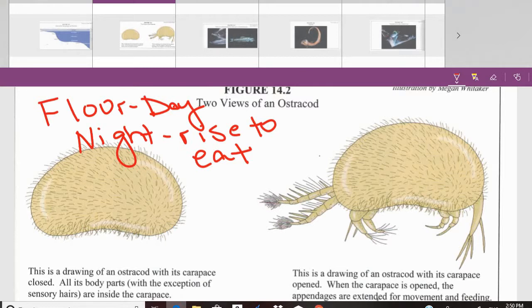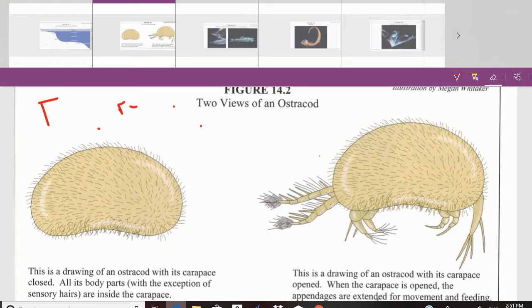We're going to say a little bit more about these organisms in a bit, so let's hang on to that picture.